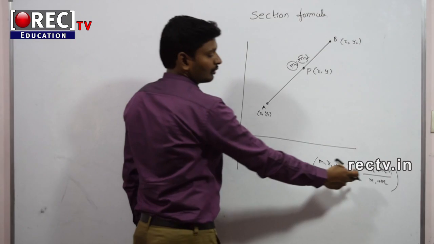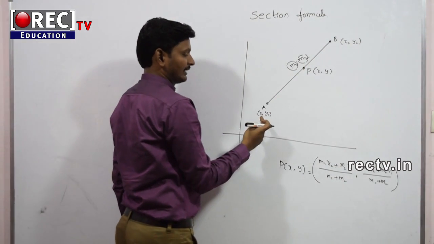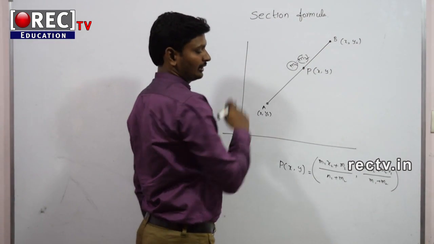These are the coordinates of the point P (x, y), which divides the line segment A (x1, y1) and B (x2, y2) in the ratio m1 is to m2.